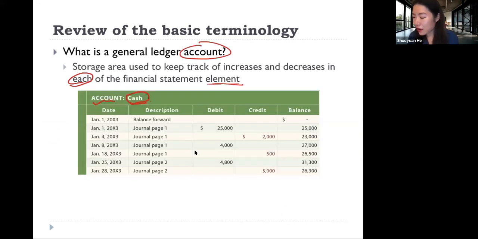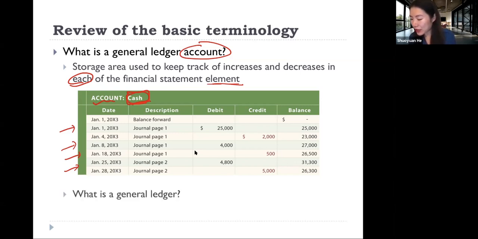And in each of the accounts, this is a specific area that we use to keep track of things. All of the journal entries which impact the cash account get recorded here. So this is an account which keeps track of increases and decreases which only relate to that account.